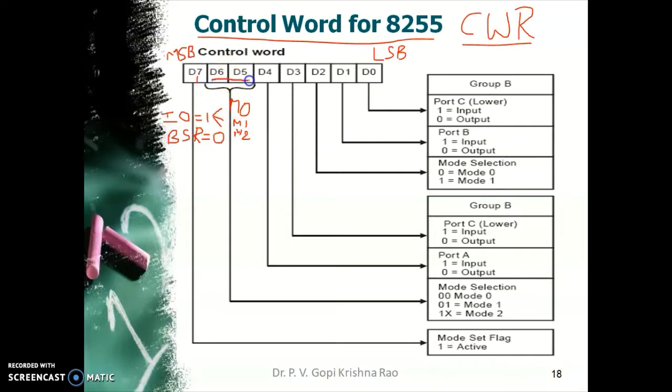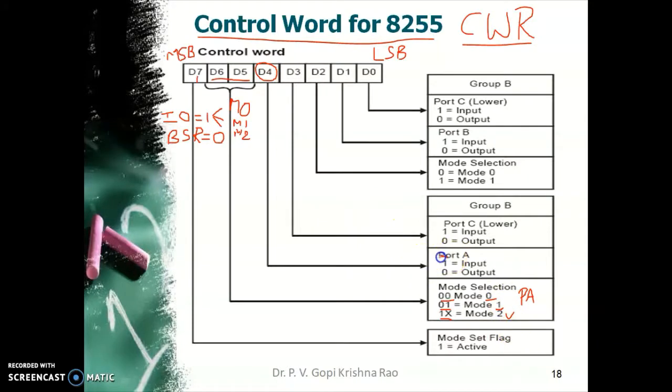D6 and D5 are used to define the mode selection of port A. If it is 0 0, mode 0; 0 1, mode 1; 1 1 or 1 0, it is mode 2. So port A can be operated in 3 modes: mode 0, mode 1 and mode 2. D4 bit defines whether you are going to use port A as an input port or an output port.